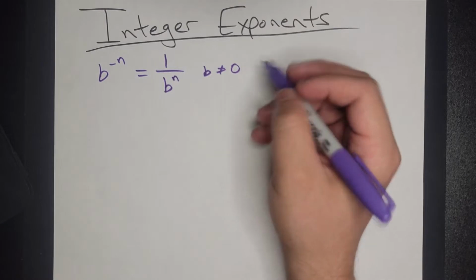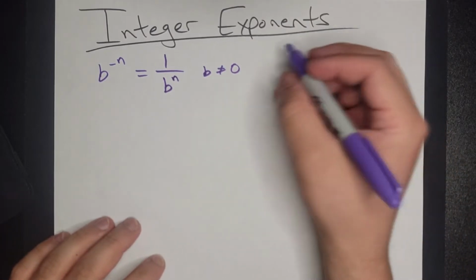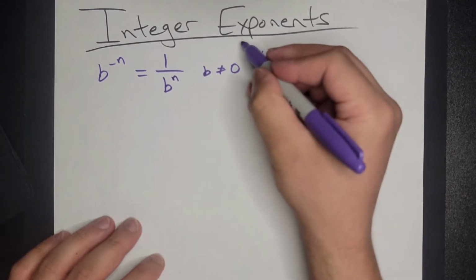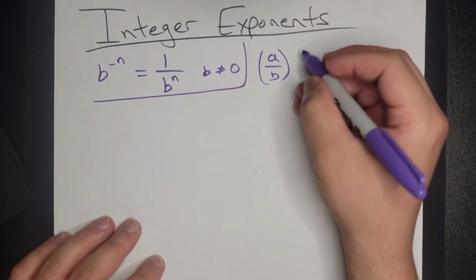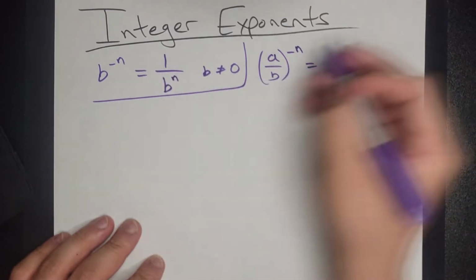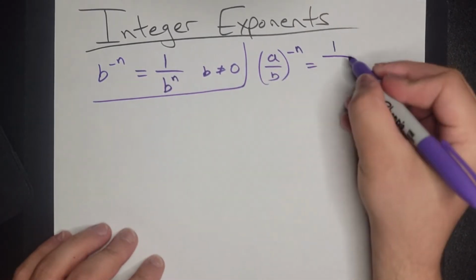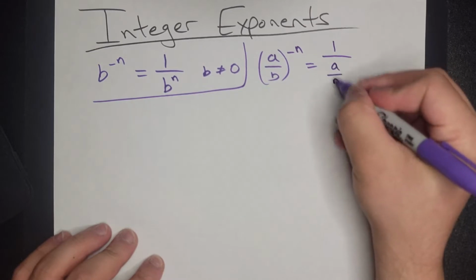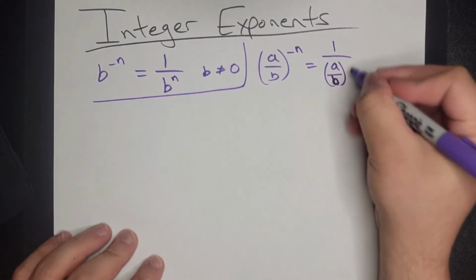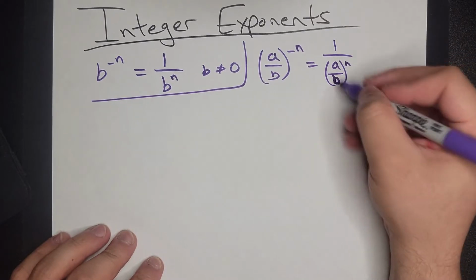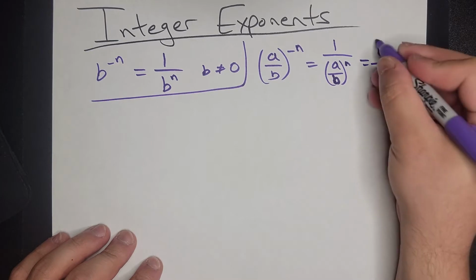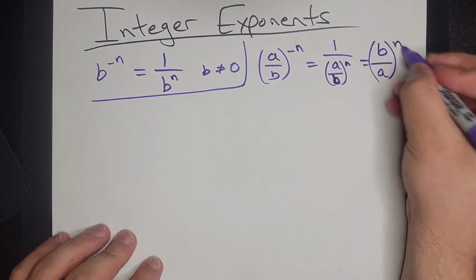Another thing, just some rules. a over b to the power of negative n is the same, based off this logic, as 1 over (a over b) to the positive n, and 1 over that is just b over a to the power of n.